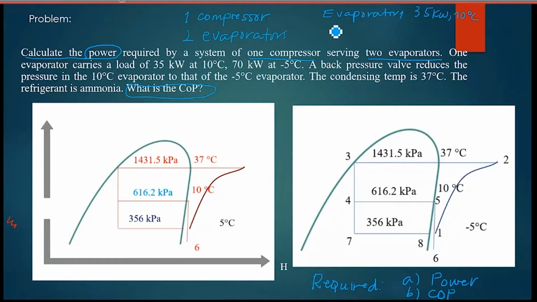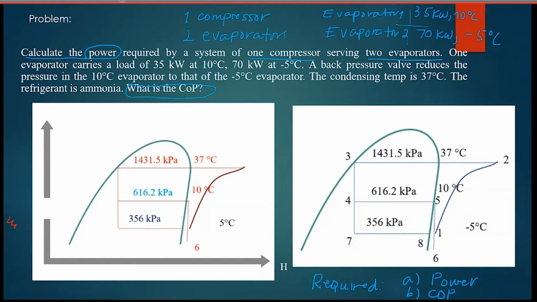Then the other evaporator, we may call evaporator 2, and the load is 70 kilowatts, and the operating temperature is -5.